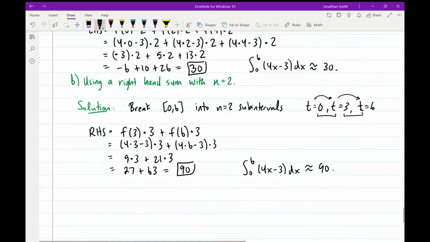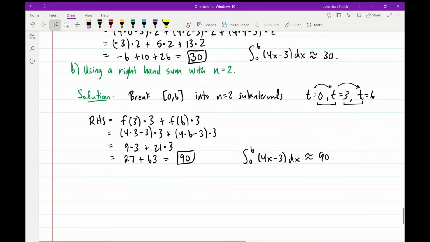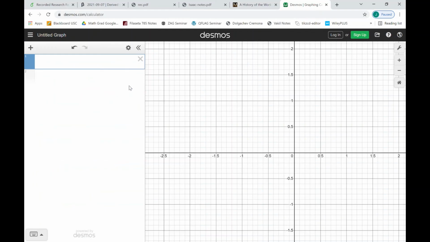And just to see how close these approximations are, let's take this definite integral from 0 to 6 of 4x minus 3 dx, and just plug it into a calculator and let the calculator tell us what it is exactly. So I'm going to go over to Desmos. Okay, so we take our function and we're going to integrate.